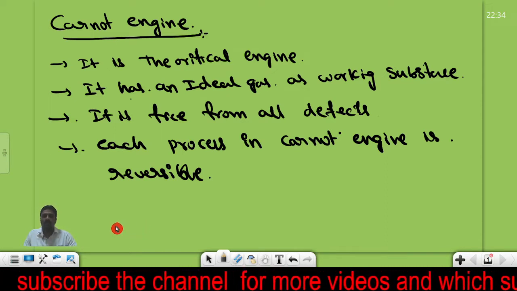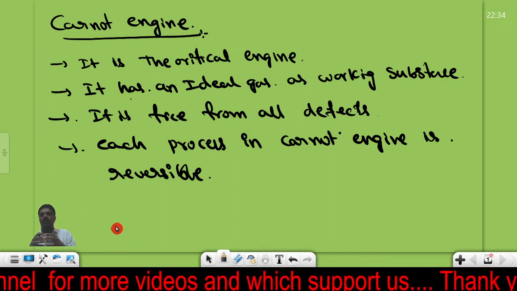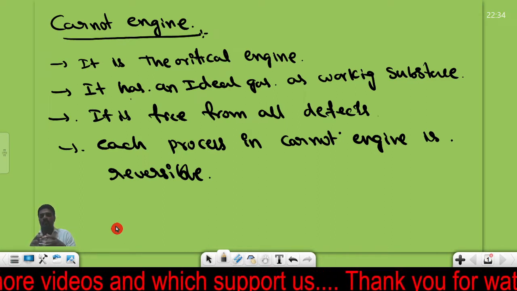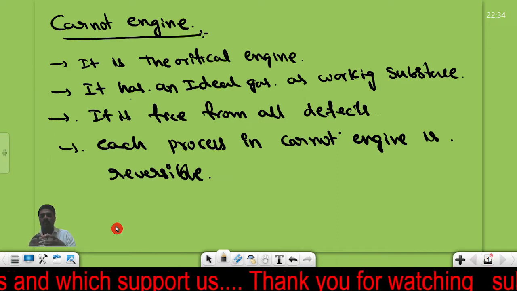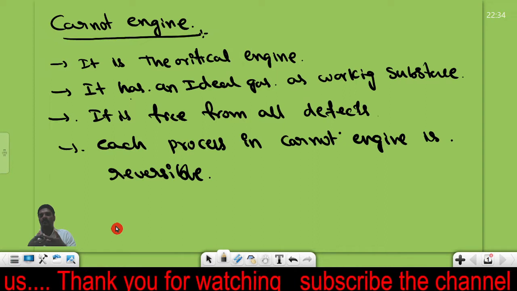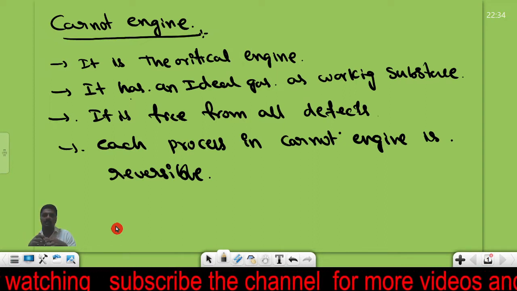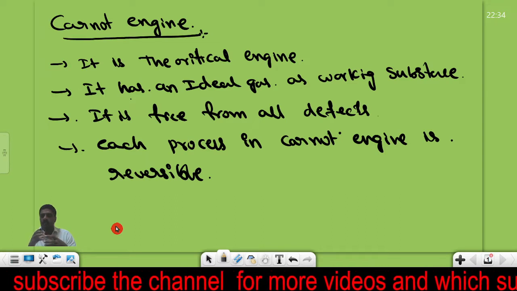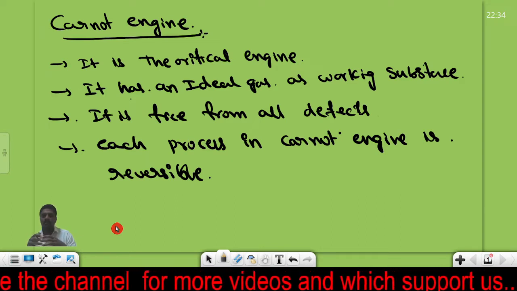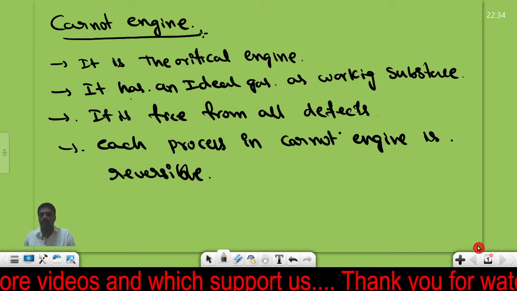That means the Carnot engine is a theoretical engine, which has an ideal gas as the working substance, is free from all defects as compared to other heat engines, and each process of the Carnot engine is reversible. That engine can be called a Carnot engine.